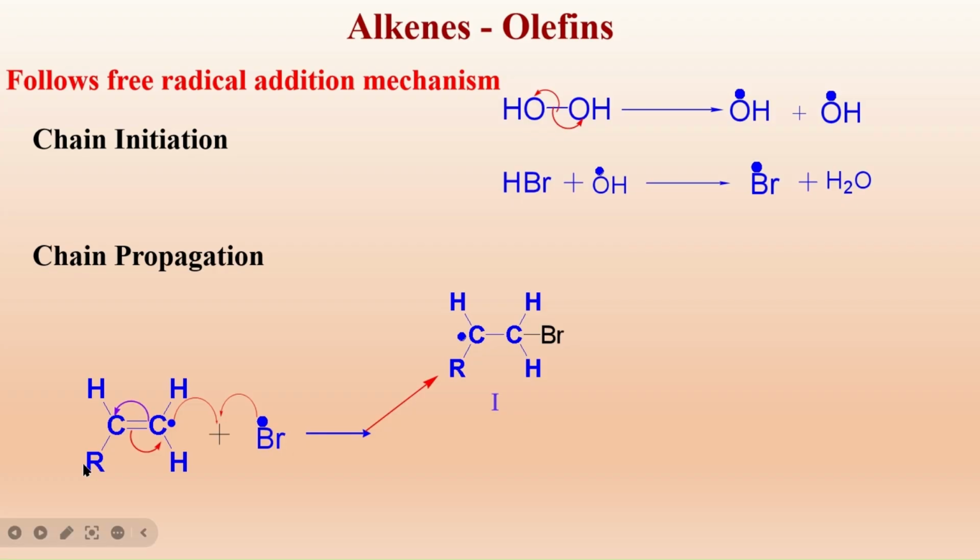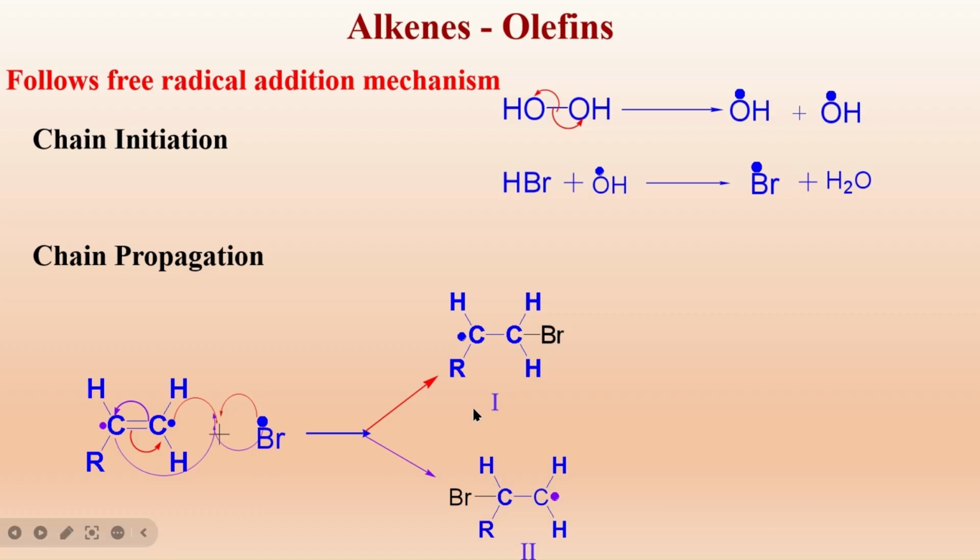Or one electron can move towards the carbon to which the alkyl group is attached, and it gains one electron, and this gained electron gives rise to a free radical. This free radical which is formed combines with the bromine radical, and it can give rise to structure 2.